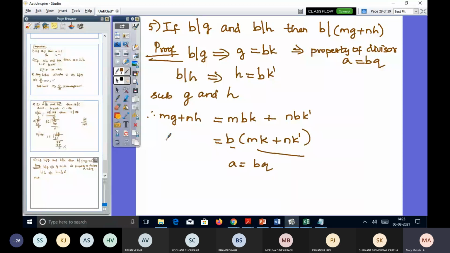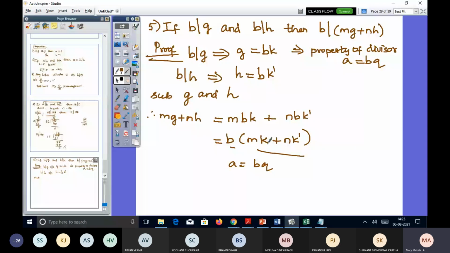So this we can call A, isn't it? B divides A, which we write as A is equal to BQ. Here instead of A, I have Mg plus Nh. In Mg plus Nh, I have substituted the values G and H, so I have achieved this.